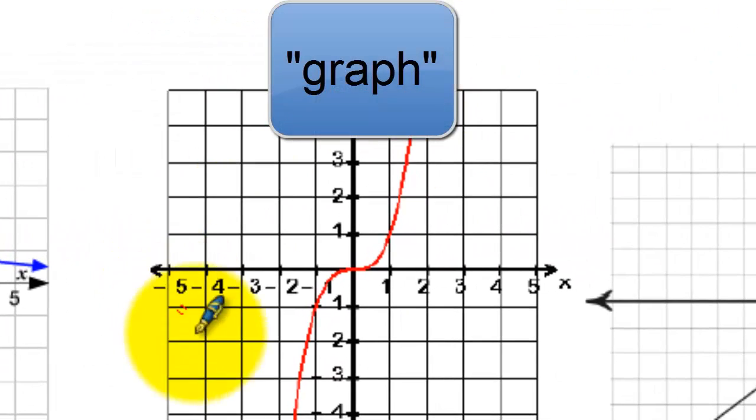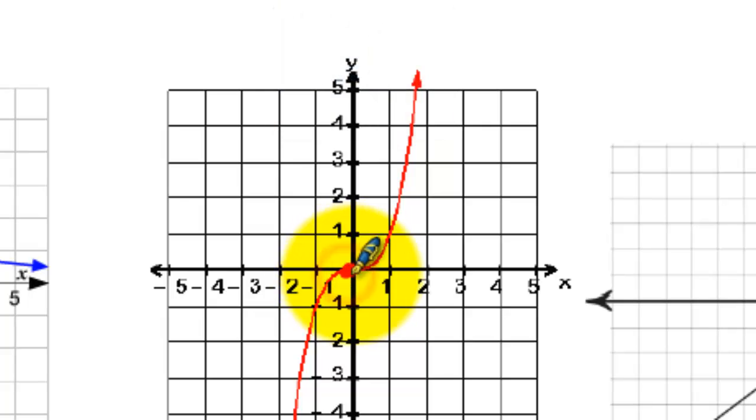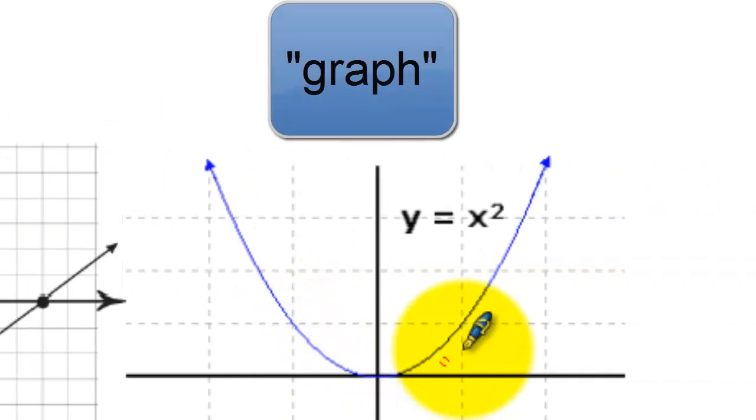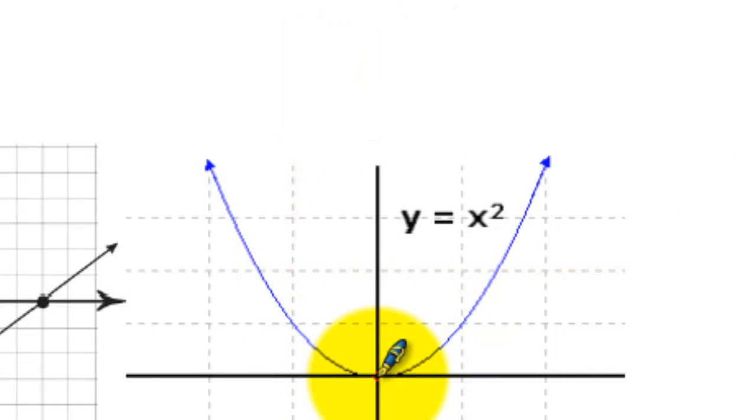Although this crosses the origin, it is not a straight line, so it's not a direct variation. Now we have here a straight line, but it did not cross the origin, so it's not a direct variation. Now this crosses the origin, but since this is not a straight line, this is not a direct variation.